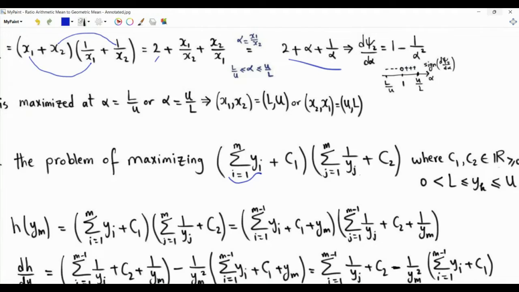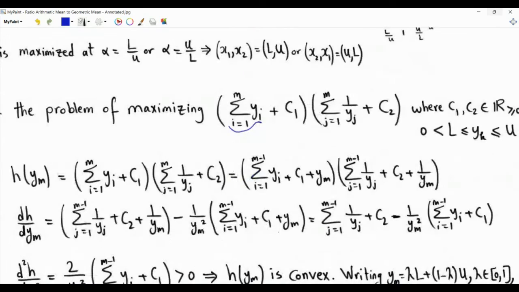Also, we can separate 1 over ym from this sum of reciprocals. Now, differentiate h with respect to ym. We are interested in investigating how h varies as we change ym.